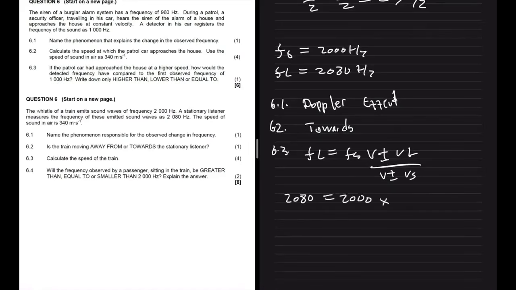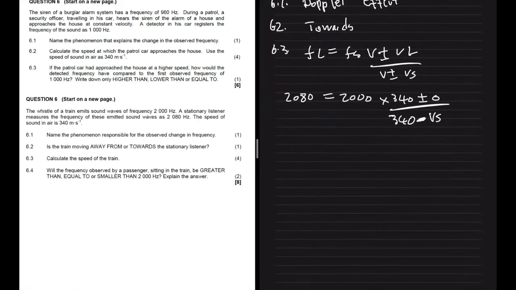Speed of sound in air 340. It says the speed of the train. Okay, so plus or minus 0 here, the listener is stationary. 340 minus Vs. It's minus in the denominator if the sound source is moving towards. If the sound source was moving away, then we would have plus in the denominator.